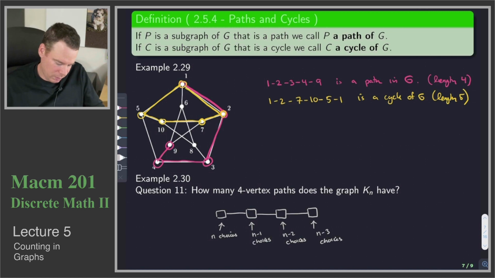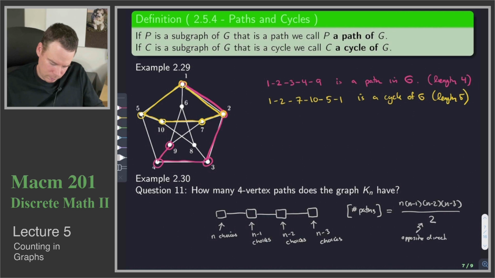So I have to realize that I'm double counting here. So the number of paths is equal to n times n minus 1 times n minus 2 times n minus 3 divided by 2. And that's because the opposite direction is the same path.